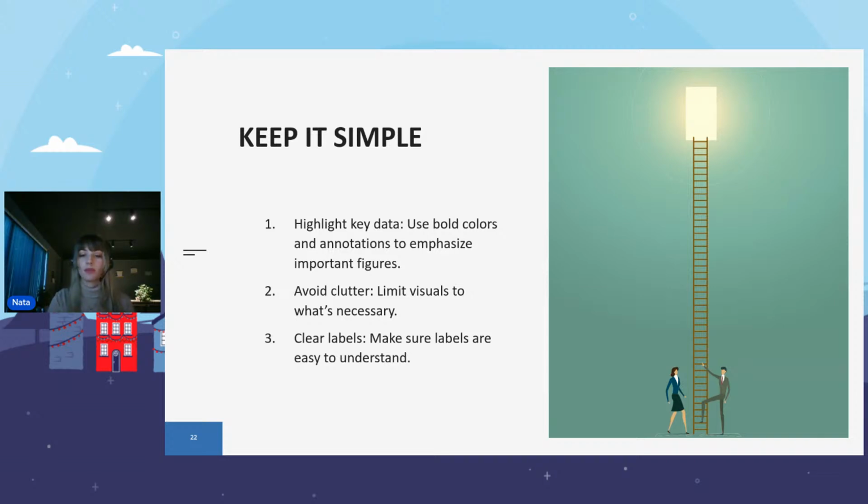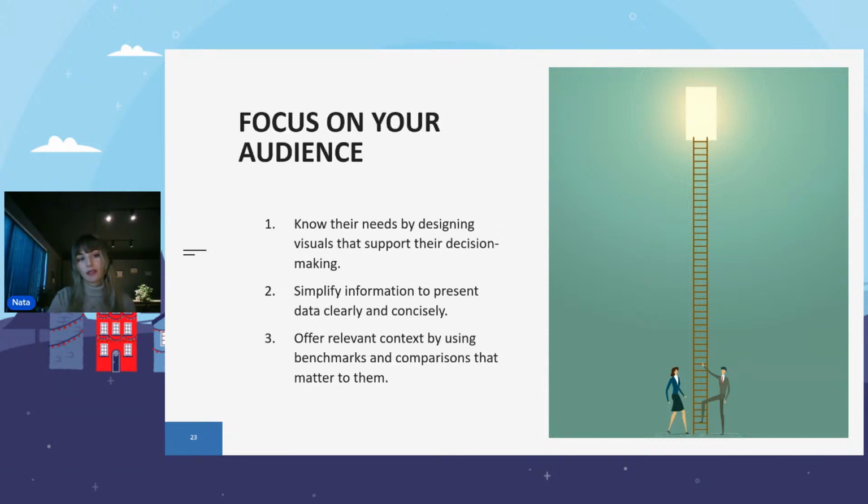And the third tip is to use clear, concise labels that will help our audience to navigate our reports. They shouldn't need a guidebook to do it. So the second tip is to focus on our audience and on what they need. When designing a report, always ask yourself, who is my audience and what decisions will they make using the data?